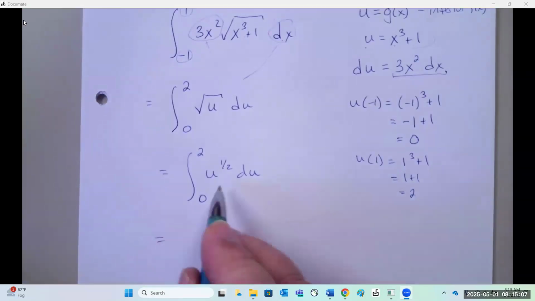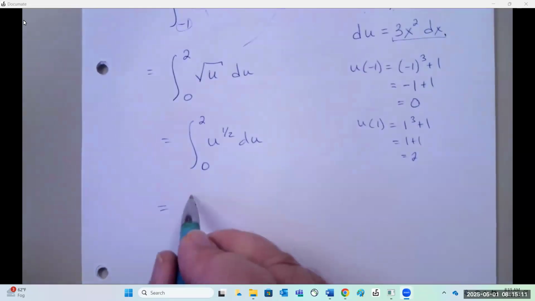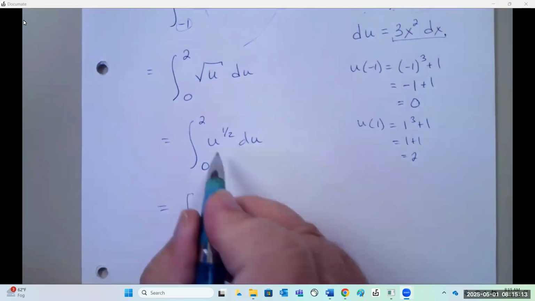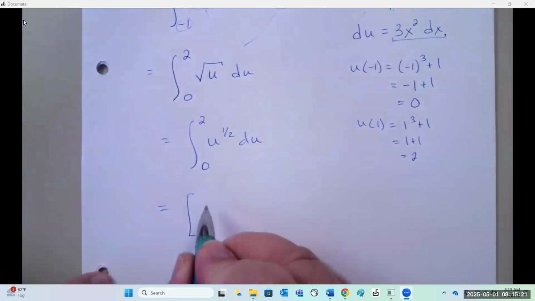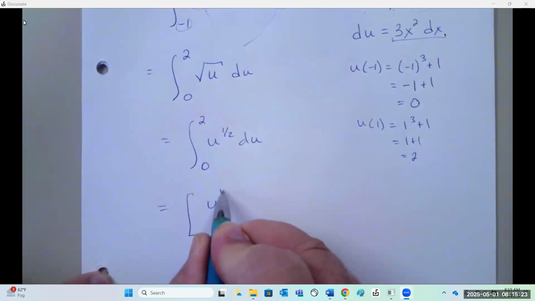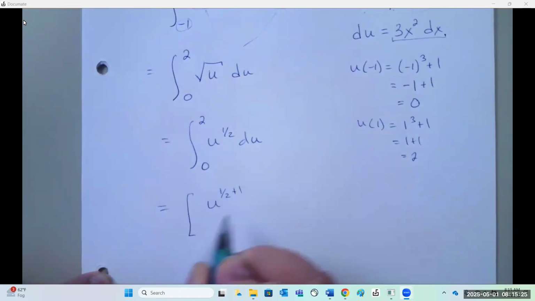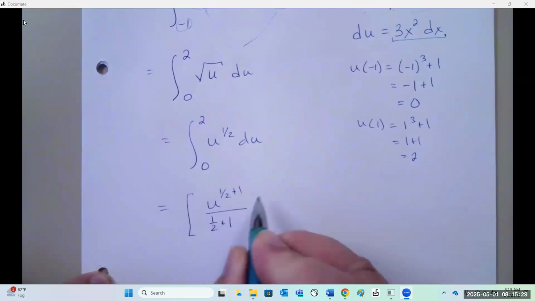So let's integrate this one. What is the integral of u to the power 1/2? It's u to the power 1/2 plus 1, and whatever I have in exponents, I put on the bottom.